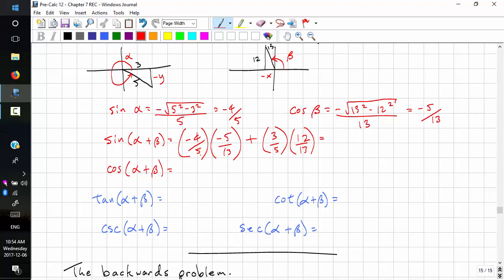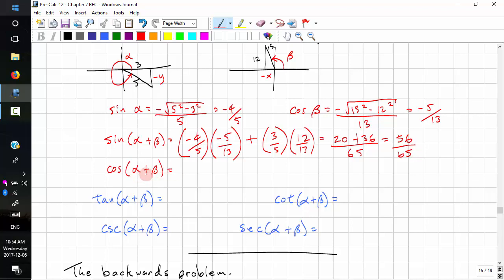And notice we have 5 times 13, 5 times 13. We have the same denominator again. If you don't have the same denominator, you've got the wrong ratios. This is 20 plus 36 over 65. Simplify that again, 56 over 65.